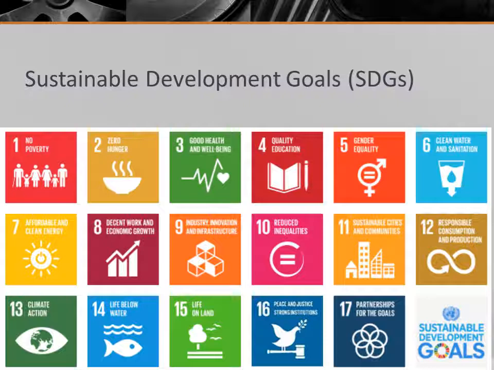So here we go. Starting with number one. The goal is to end poverty in all its forms everywhere. Goal number two, end hunger and achieve food security and improve nutrition and promote sustainable agriculture. Number three, ensure healthy lives and promote well-being for all at all ages.